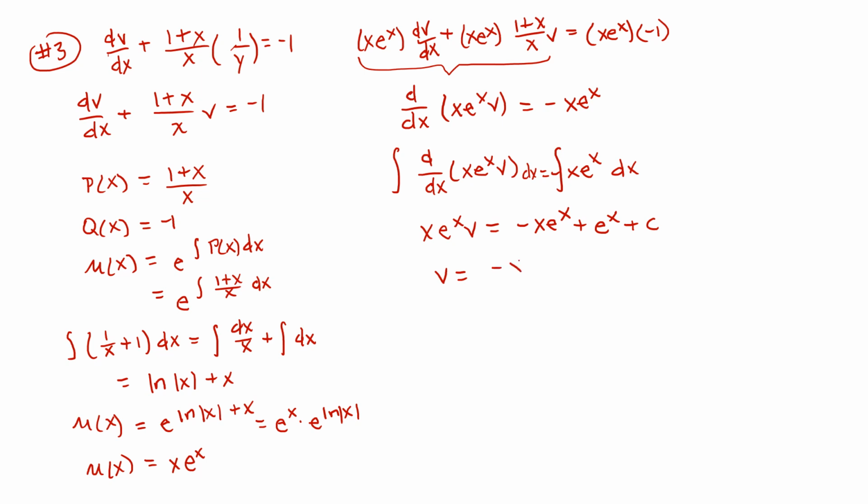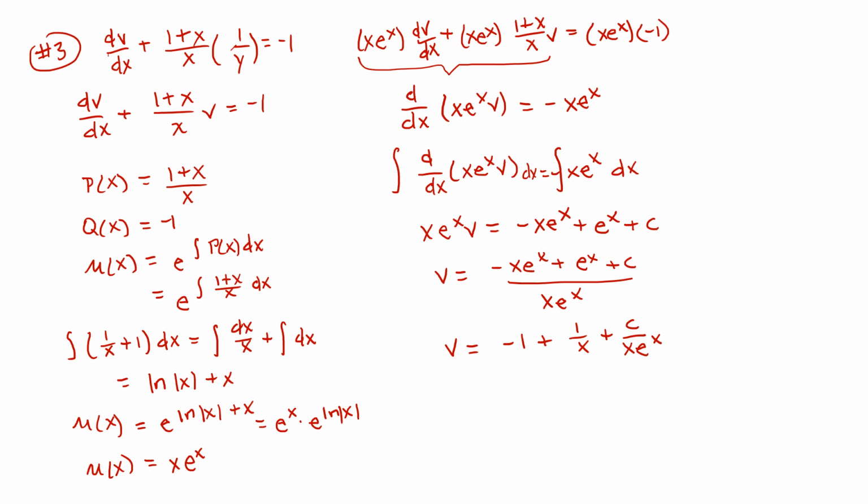So I'll have -x e to the x plus e to the x plus c, all divided by x e to the x. Simplifying this, I'll have -1 plus 1 over x plus c over x e to the x.